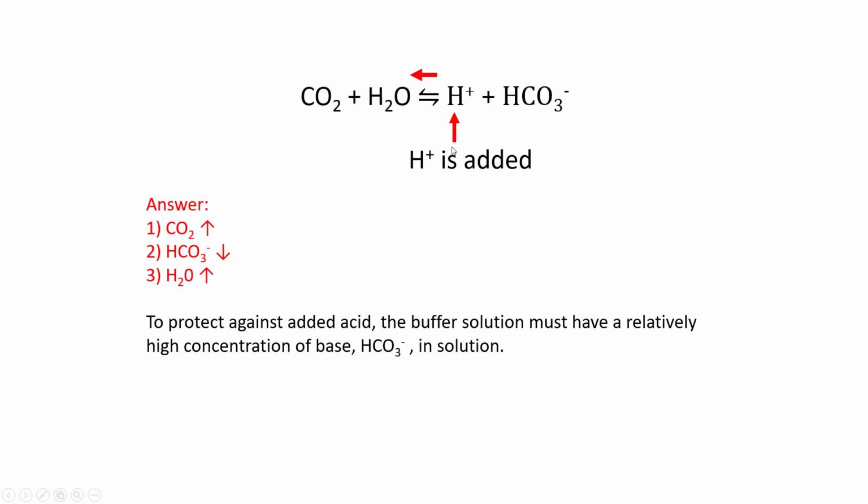This would decrease because the hydrogen ion now has a higher chance of binding or colliding with the bicarbonate and therefore forming CO2 and water. To protect against added acid, the buffer solution must have a relatively high concentration of bicarbonate in the solution.